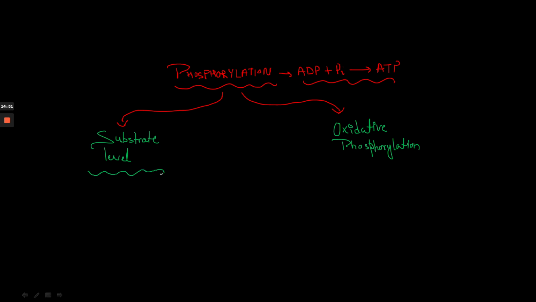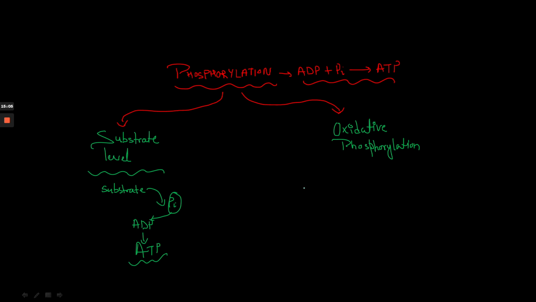During substrate level phosphorylation, as the name suggests, it is a reaction that results in the production of ATP by the transfer of phosphate group from a substrate directly to ATP. Means a substrate is actually giving out this phosphate group, and this phosphate group is being added directly into the ADP in order to form ATP. So this is substrate level phosphorylation.